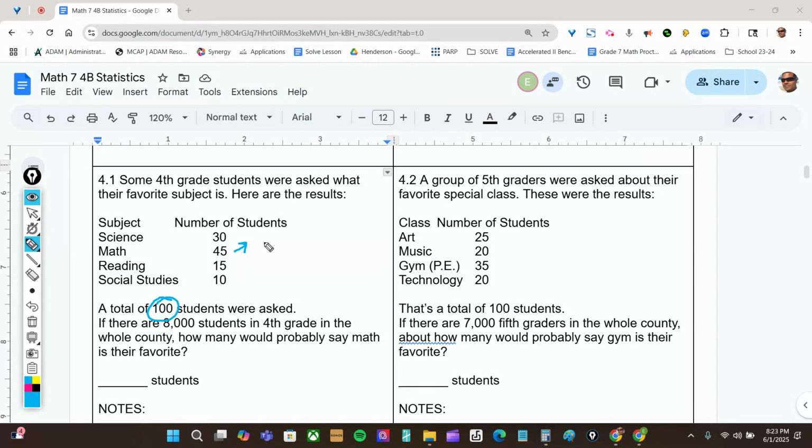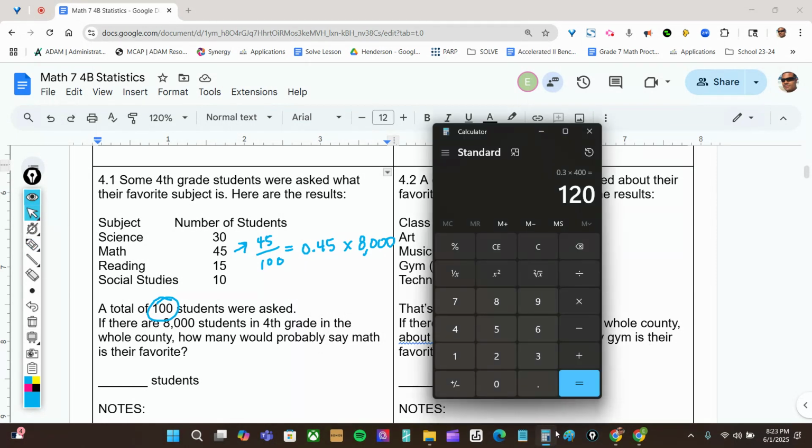Okay, so 45 out of 100 is going to equal 0.45, and then we're going to times that times 8,000. 45 divided by 100 equals 0.45 times 8,000 equals 3,600.